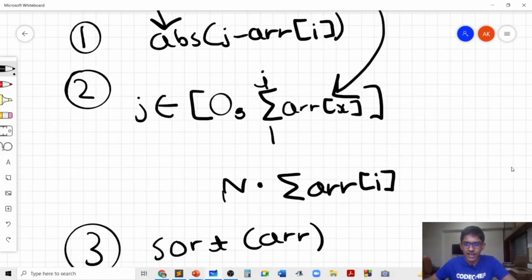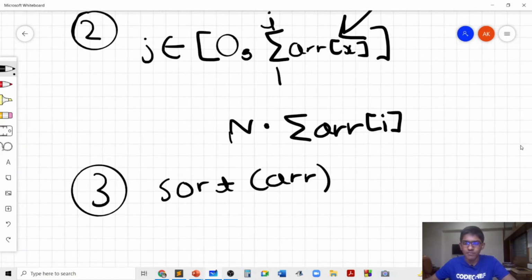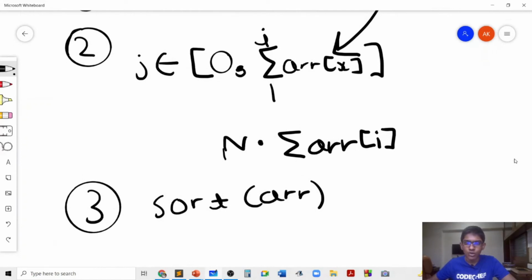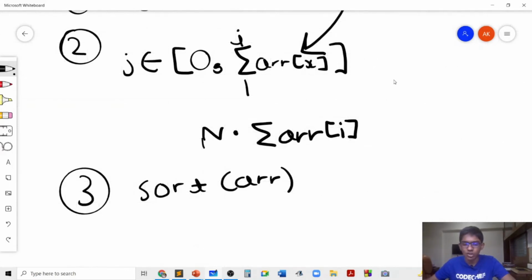Now what that means is that if you consider the elements in sorted order, then the minimum value of this sum will be achieved only when the array is in increasing sorted order. If the array is not in a sorted order, then you'll realize that we actually need to compute dp[i][j] for more values of j. So that's an intuitive way in which you can understand why we should sort this array.